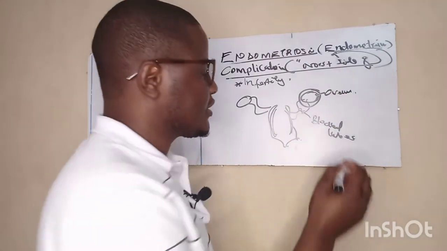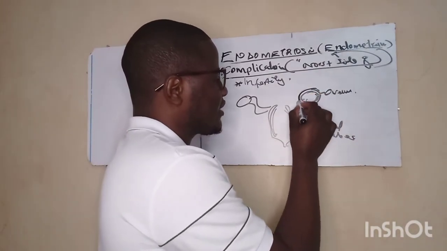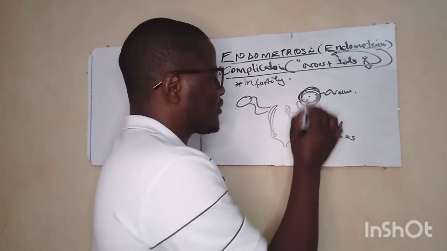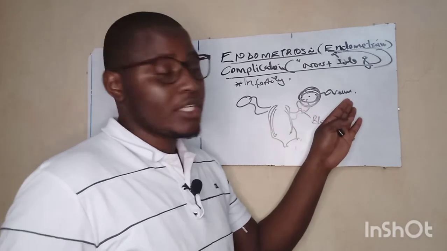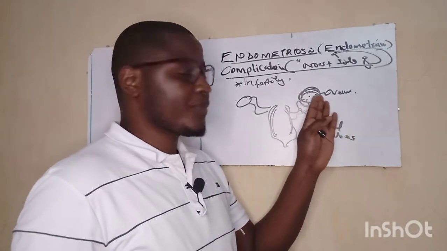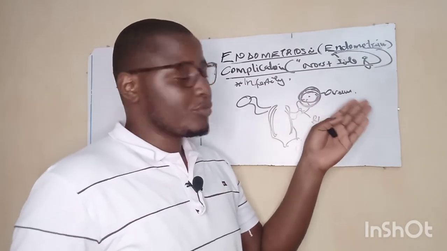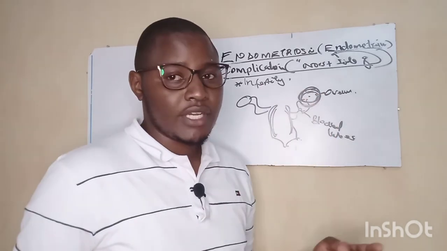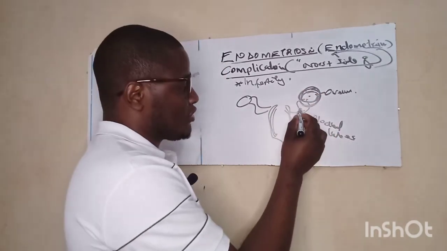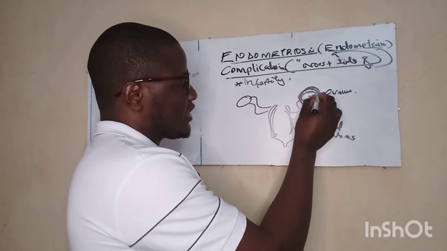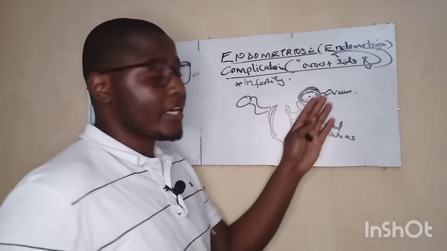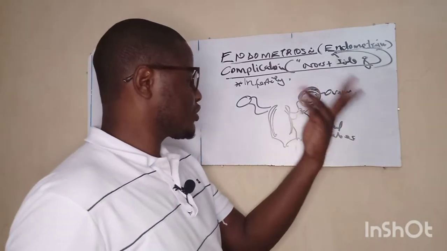So what happens when this tissue ends up covering the outer side of the ovary? It may make it hard for the ovum to be produced. So it can cause blocked tubes, and it can make the egg fail to be produced.